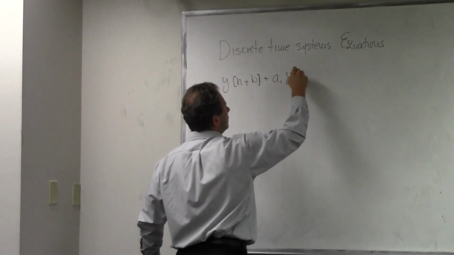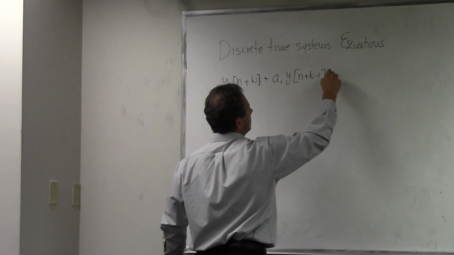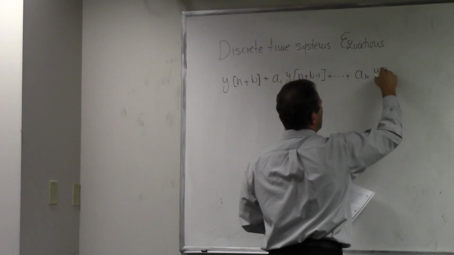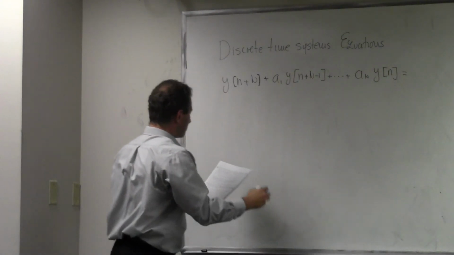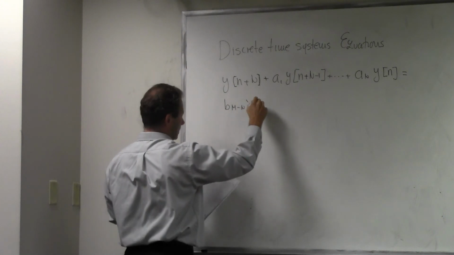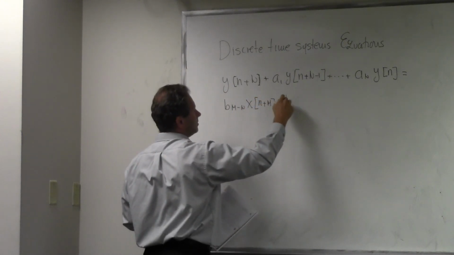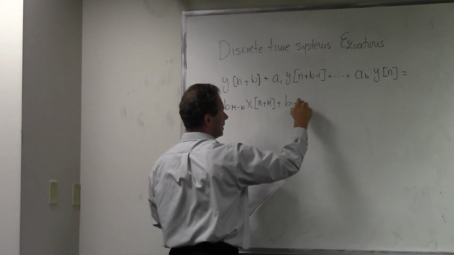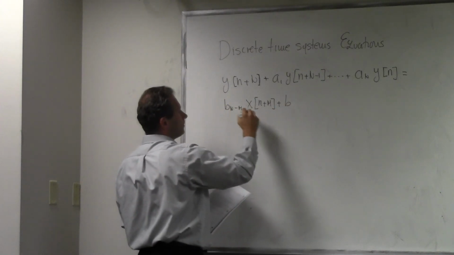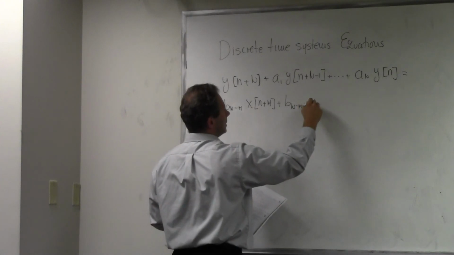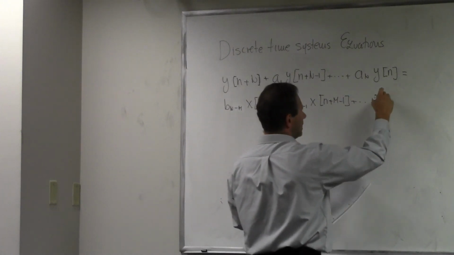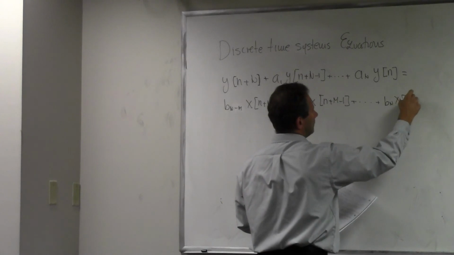A1 y of n plus n minus 1, and plus so on, plus an y of n is equal to b of n minus m x of n plus m, plus b of n minus m minus 1 x of n plus m minus 1, all the way to bn x of n. Right?